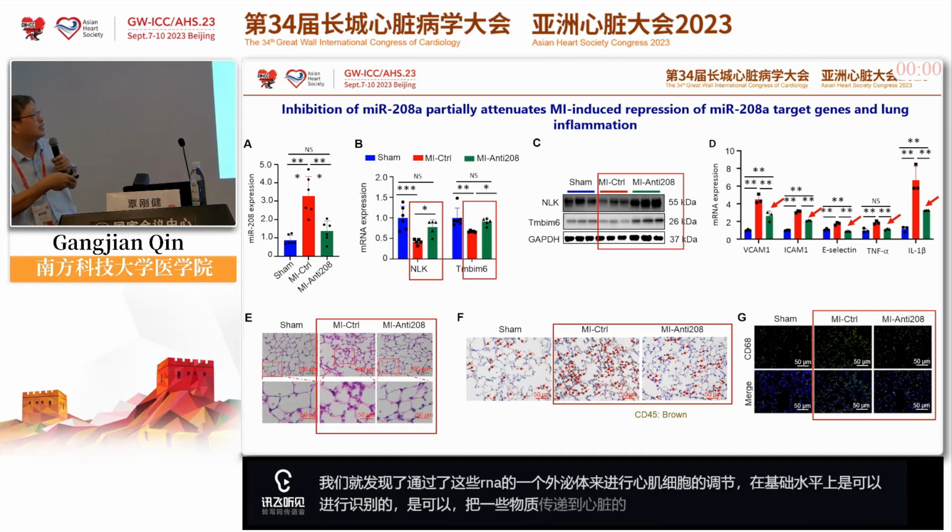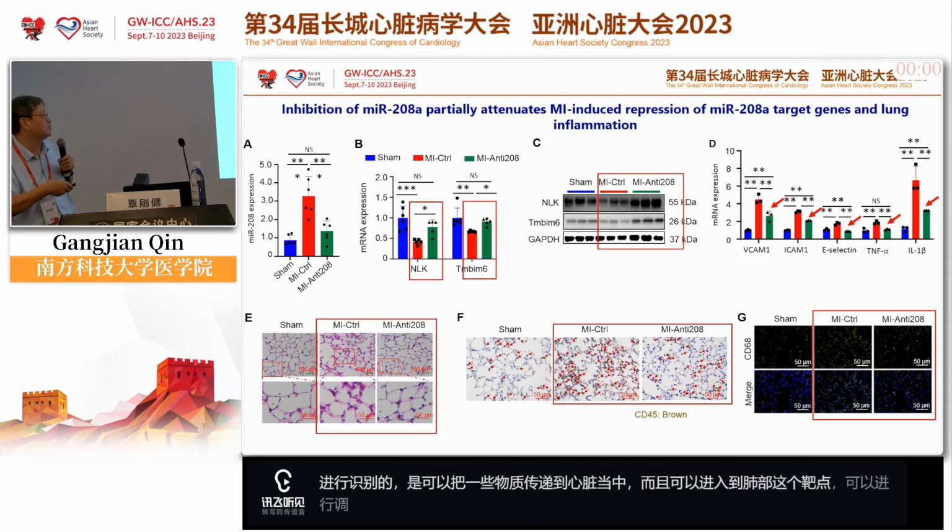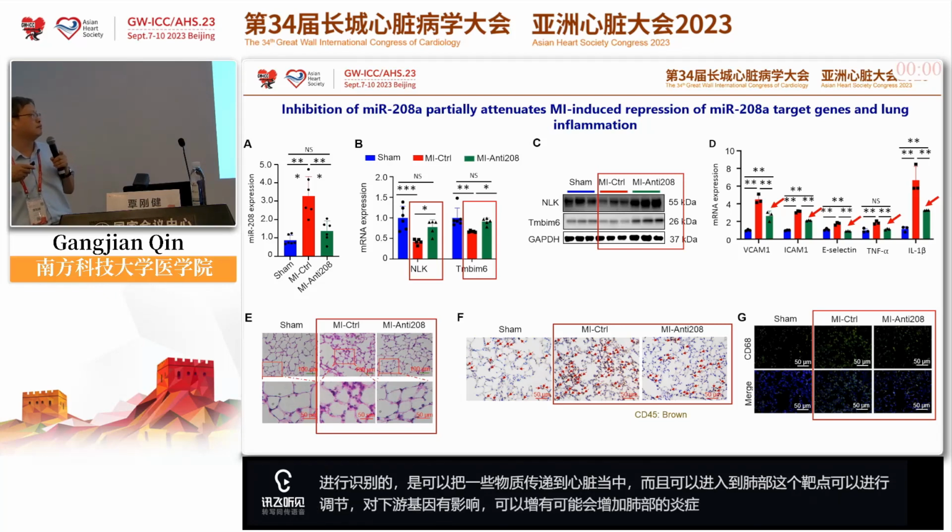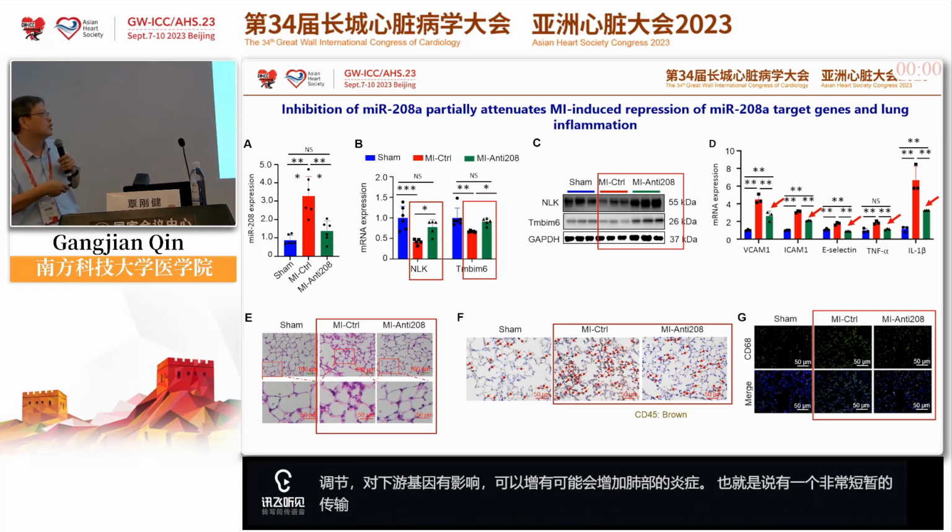This targeting of downstream genes has an impact on the NF-kappa B pathway, basically increasing inflammation in the lung. So it looks like a short transient myocardial ischemic injury induces this microRNA transfer through the exosomes, which is able to induce transient inflammation in the lung, or increase the membrane thickness a little bit, and edema.